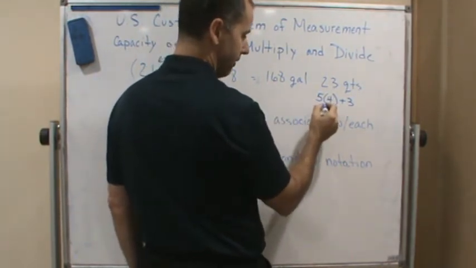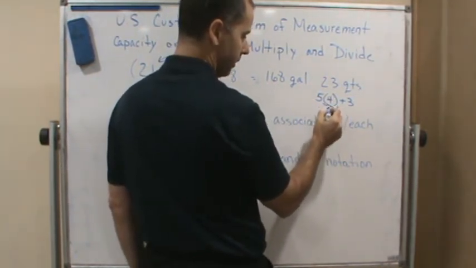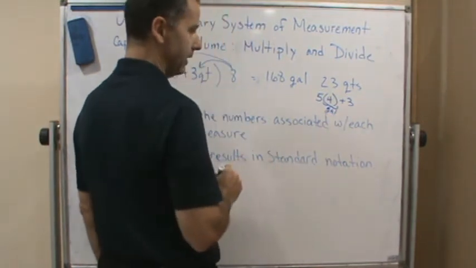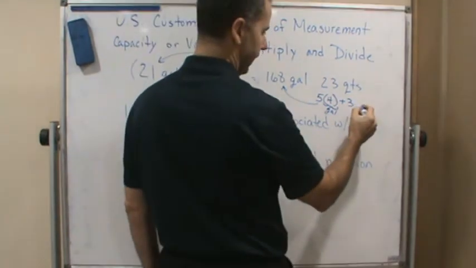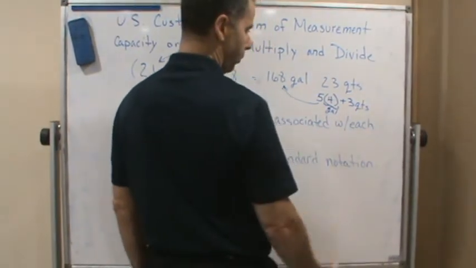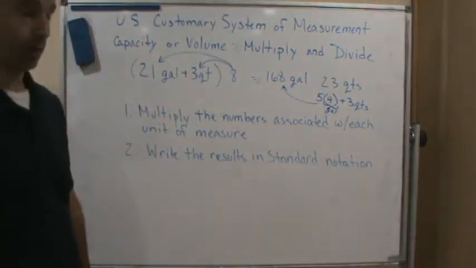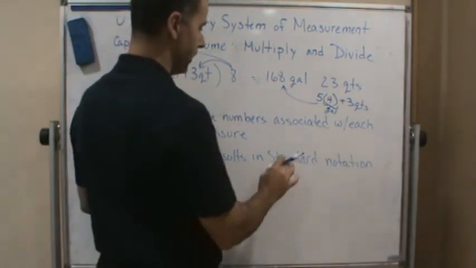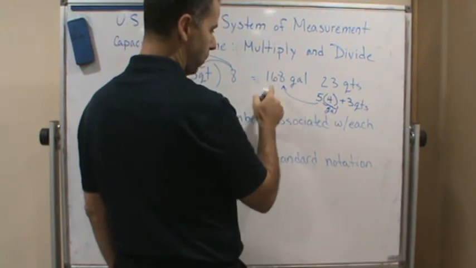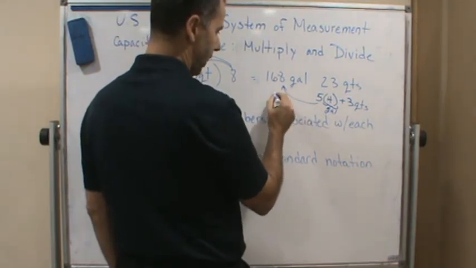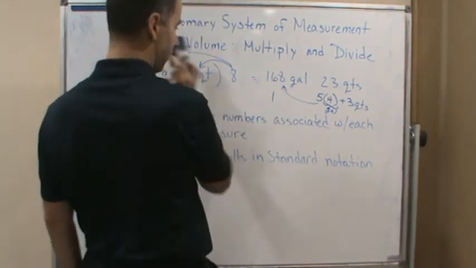That means I've got 5 gallons to add to here, and then I'm going to be left over with 3 quarts. And so now my final answer becomes 168 plus 5, which is 173. So I get 173 gallons and 3 quarts.